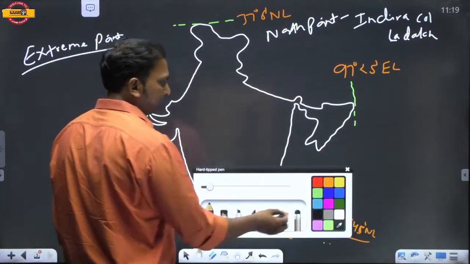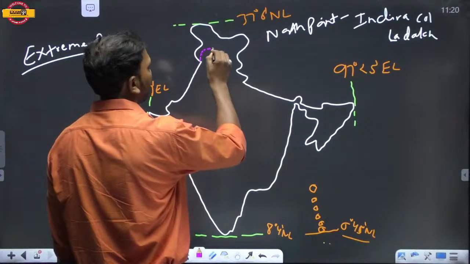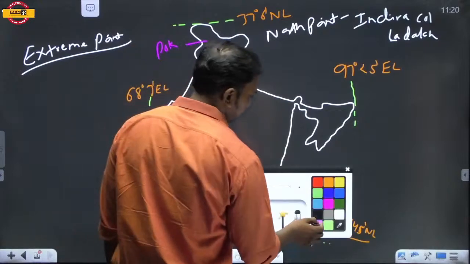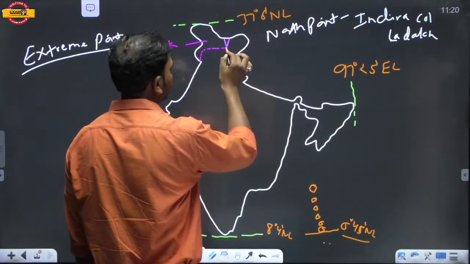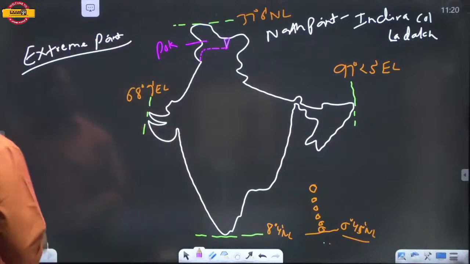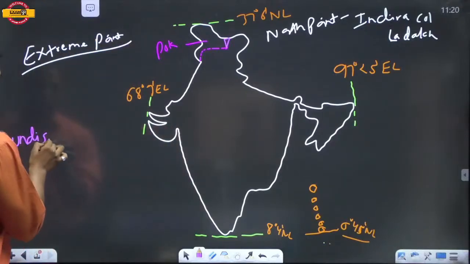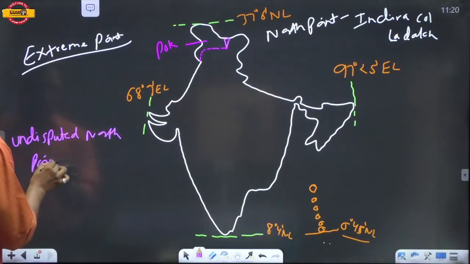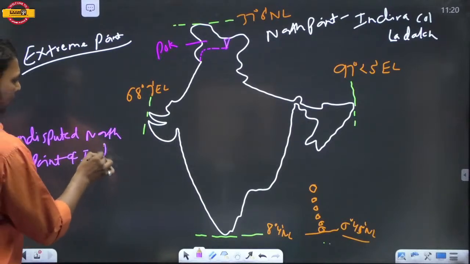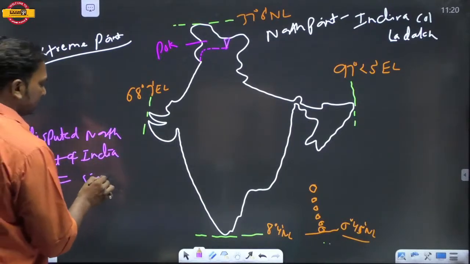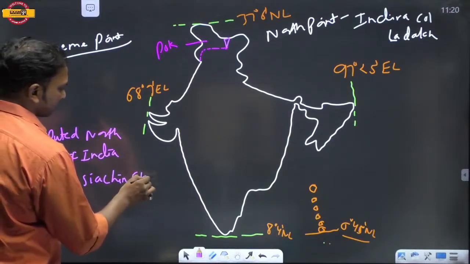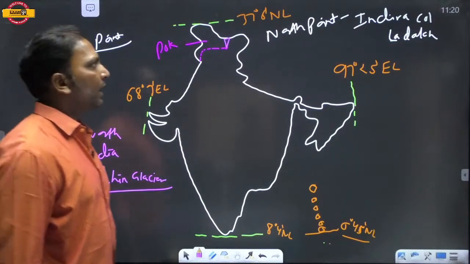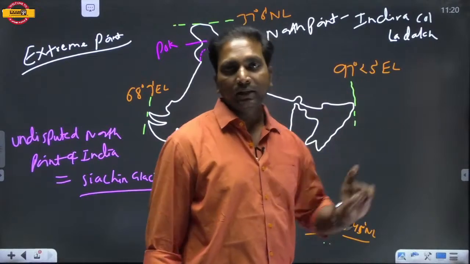Because you see here on this side, it is POK, and the question demands the undisputed north point of India. The undisputed north point of India would be the Siachen Glacier. So exactly, Indira Col is not at 37 degrees 6 minutes.